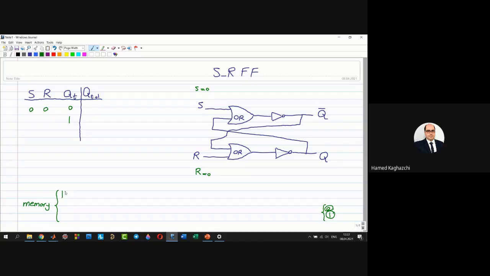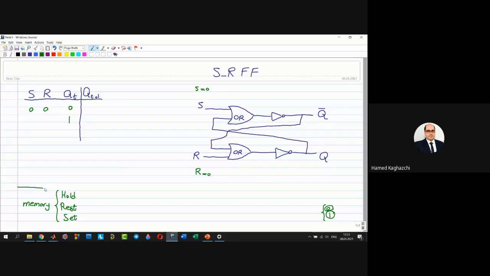The first one is hold. Each memory holds the information that comes into it. The memory can reset the information, and also the memory can set the information. Hold it, reset it, and set it.